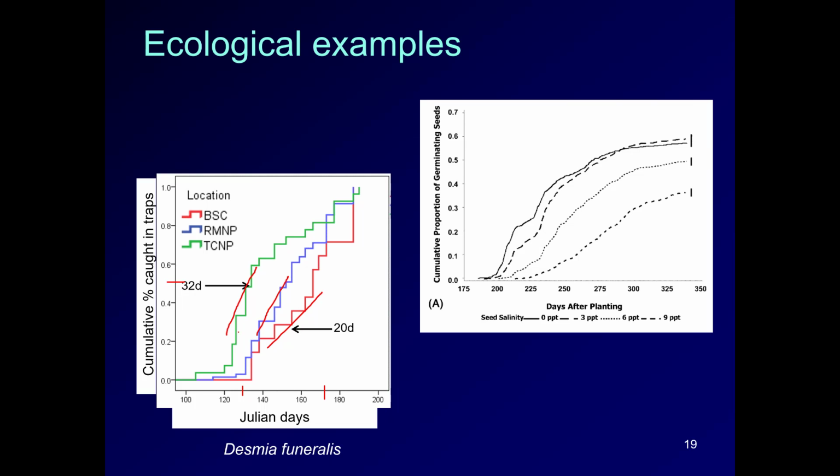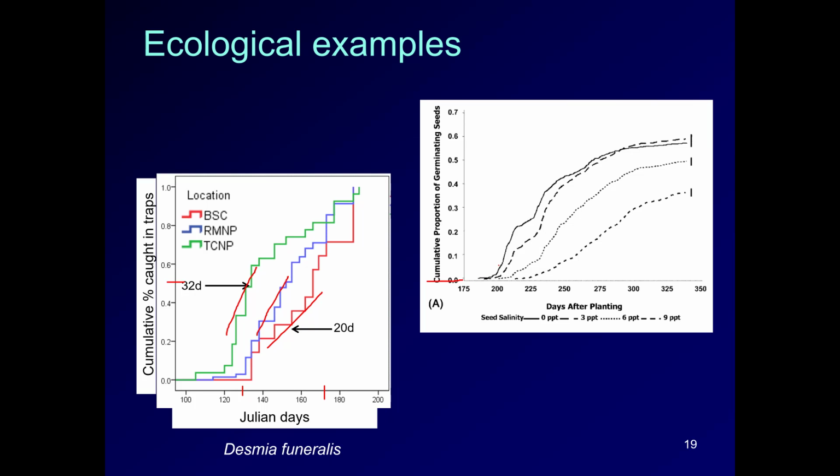You can also think about accumulation of seeds germinating in different treatments. So we've got cumulative proportion of germinating seeds. Just like with the moth example before, all your 3 populations or 4 populations start off at 0, and then they start to accumulate some numbers over time. These are very smoothed examples because in this particular experiment, I had thousands of individuals in each treatment.